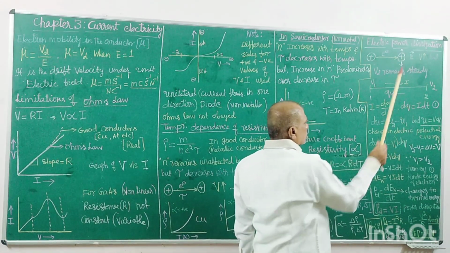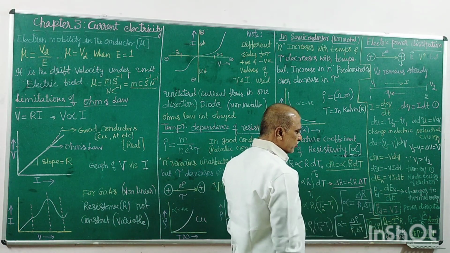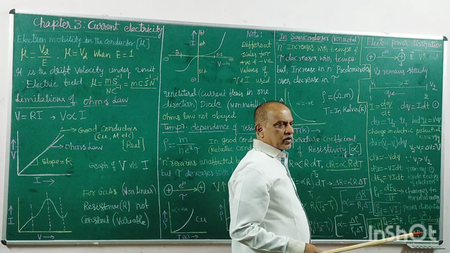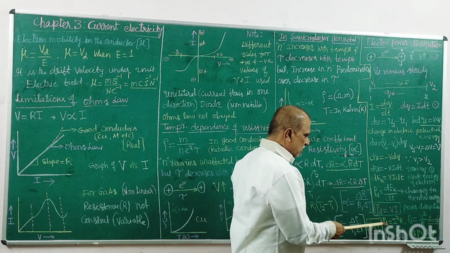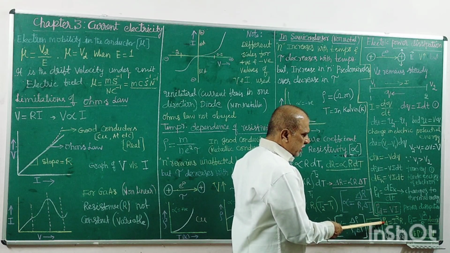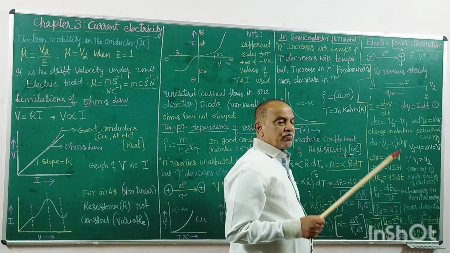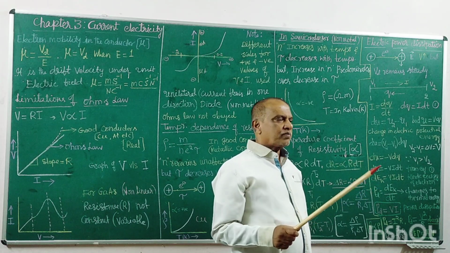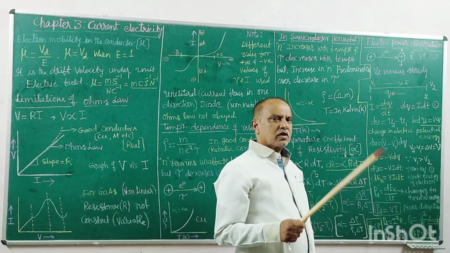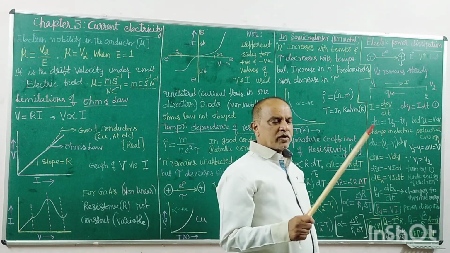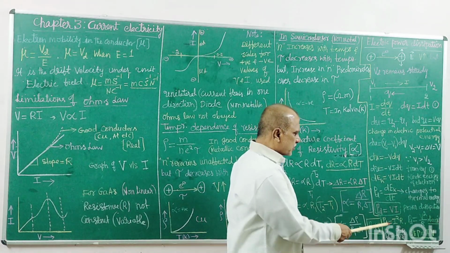Power dissipation while the current is flowing is unavoidable. But look at this, very important. Can we minimize that loss of power? It is possible, but one has to think about this concept.